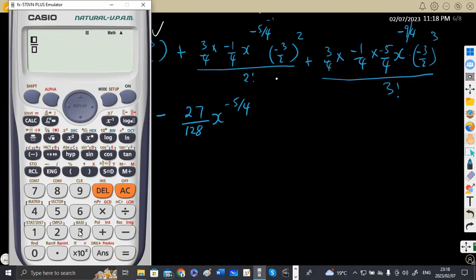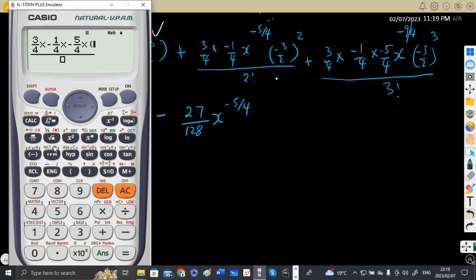So that's 3 over 4 multiplied to negative 1 over 4, that's negative 1 over 4 times negative 5 over 4, like this, times this part, negative 3 over 2 to the exponent of 3.